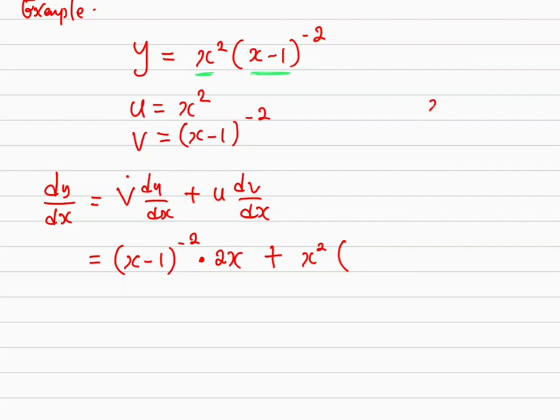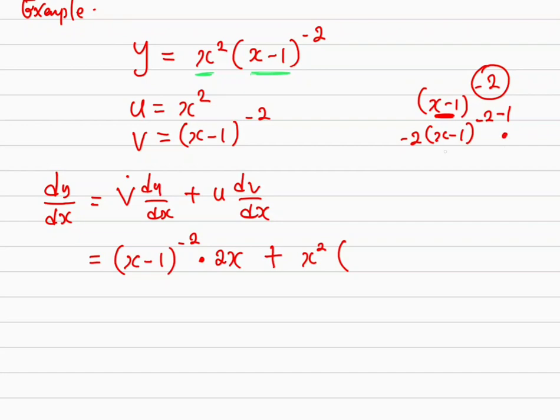If I have (x minus 1) all raised to power minus 2, we differentiate. The power comes down to be minus 2. I assume the inside to be just an entity, so we have (x minus 1), and the power is supposed to reduce by 1, so we subtract 1.